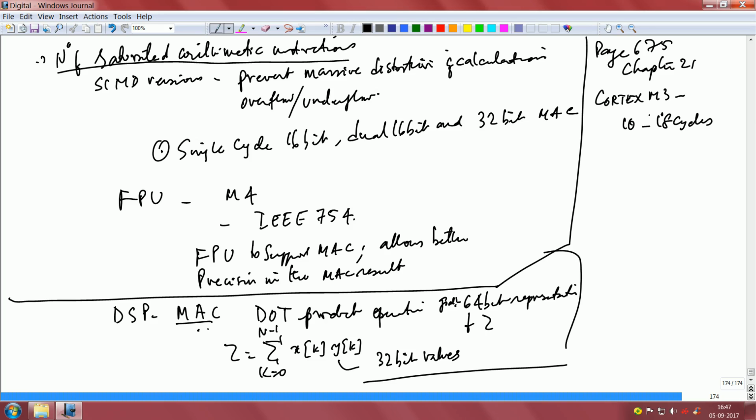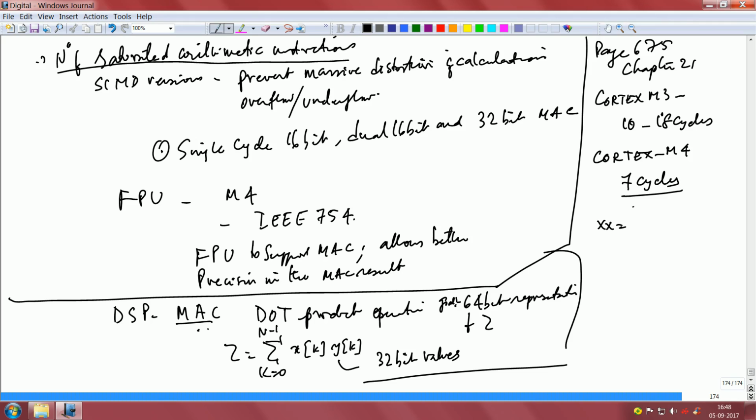But if you look at Cortex M4, the code is identical to that of the Cortex M3, and you have 7 cycles. How is this 7 cycle split?